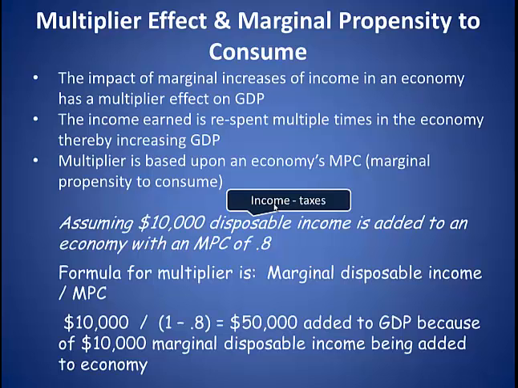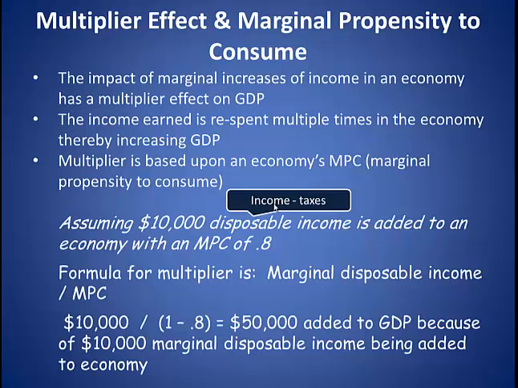Assuming we have $10,000 of disposable income added to the economy, in other words, we receive that money, and the economy overall has an average MPC, marginal propensity to consume, of 0.8.